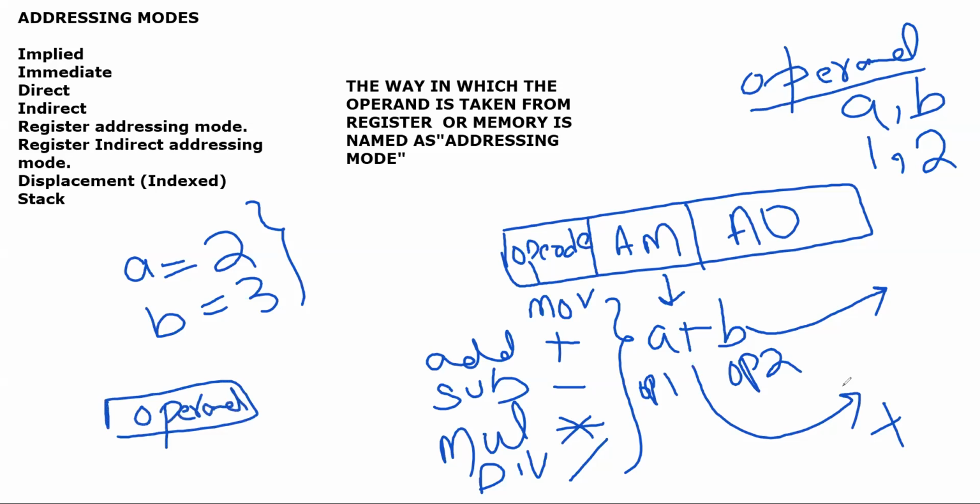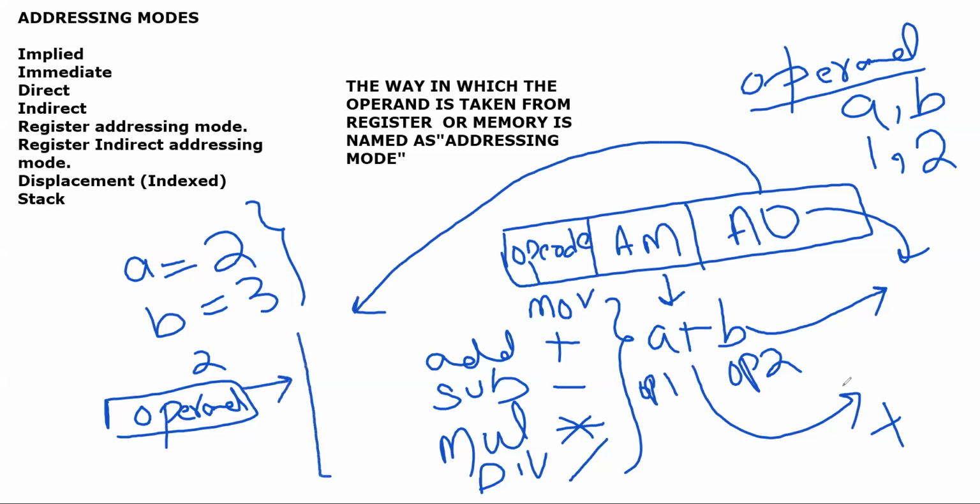For example, operand is 2, and you have to access the address of the operand. Address of operand means effective address. So with the help of it, you can easily access the memory. What is the address of operand 2? For example, the address of operand 2 is 500. This is the effective address.